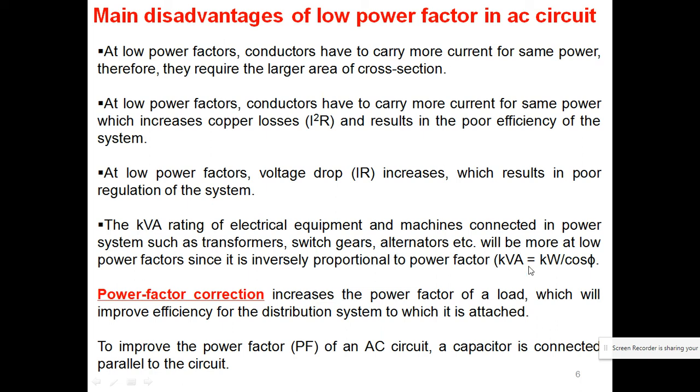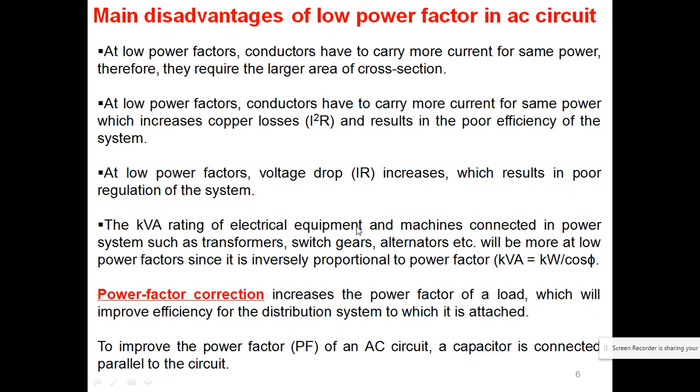This rating of electrical equipment is inversely proportional to the power factor. So if the power factor value is decreasing, it means it has a low value, and in this condition the rating of electrical equipment will be more. That is the thing we want to explain here.